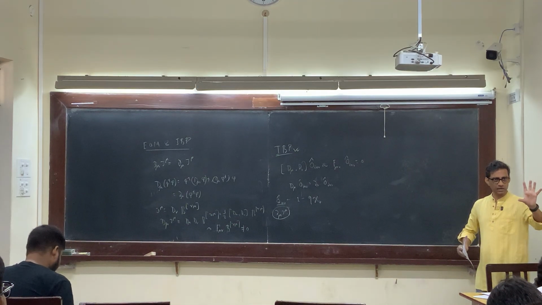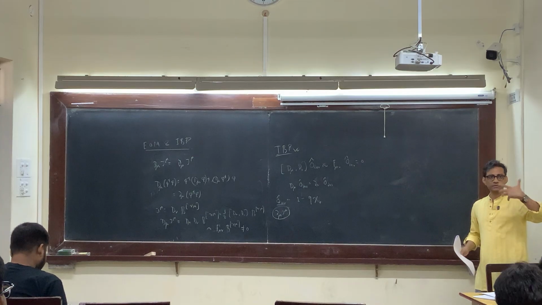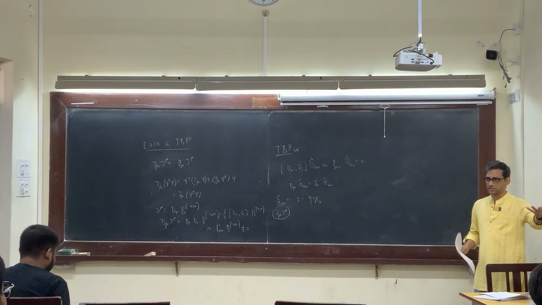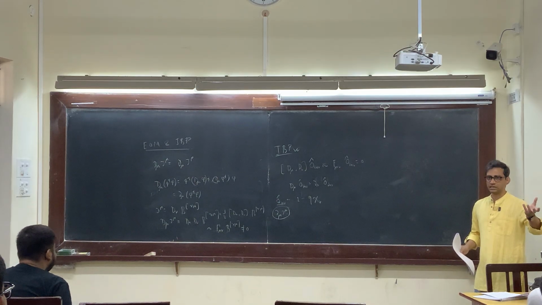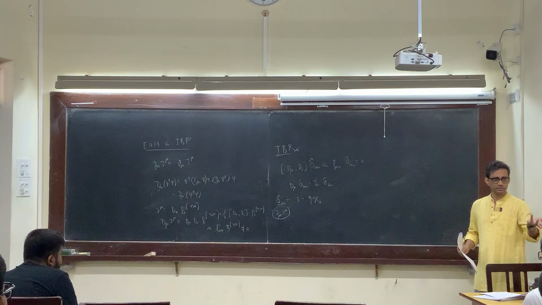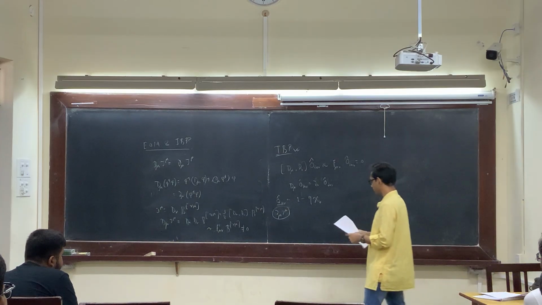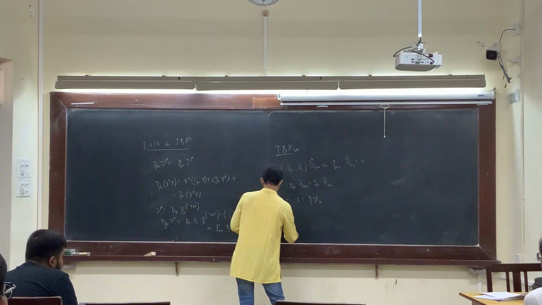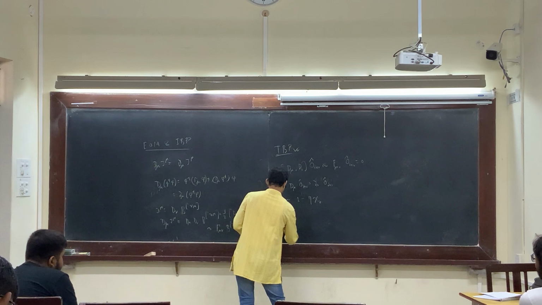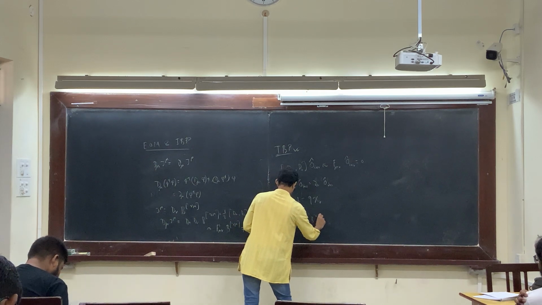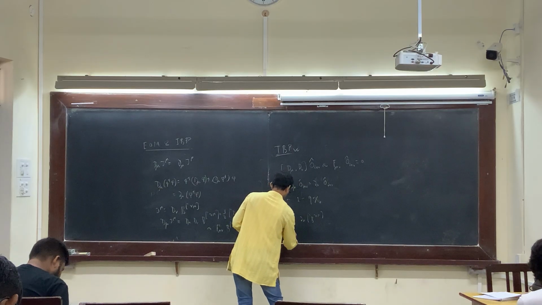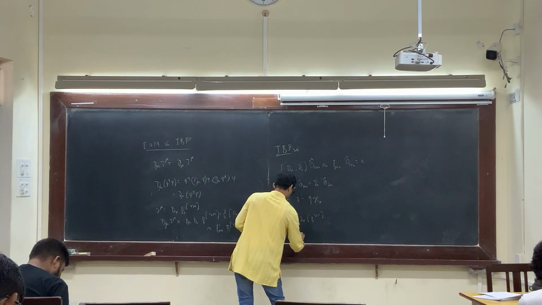I start with the scalar operator, then the total derivative of the scalar operator is transformed like a vector. So I remove that. But then I have j mu equal to del mu, let's say b mu, and then del mu j mu equal to 0.